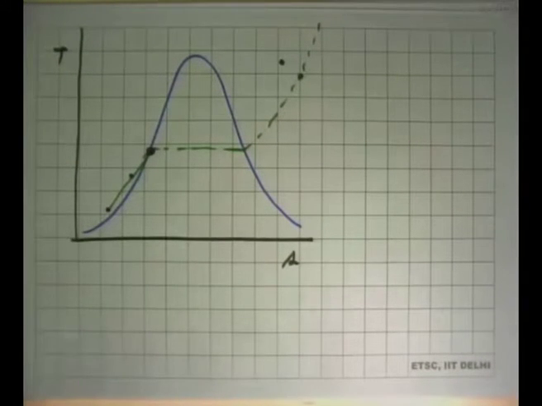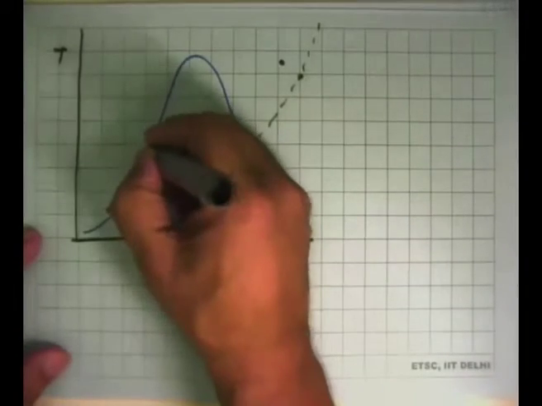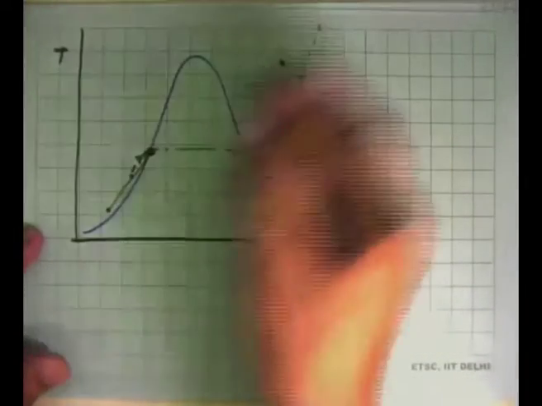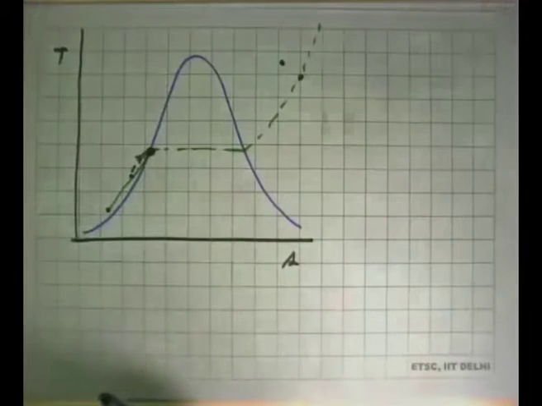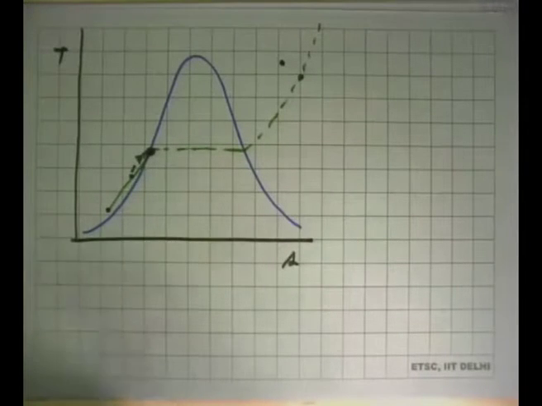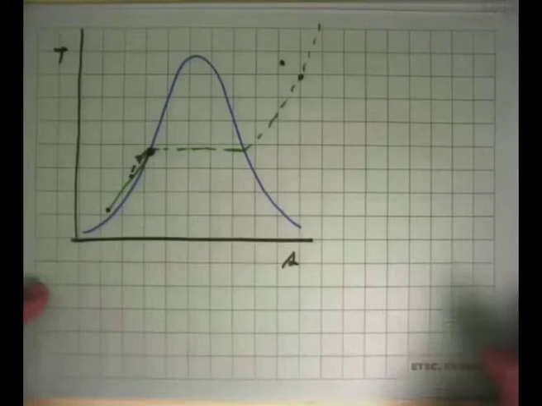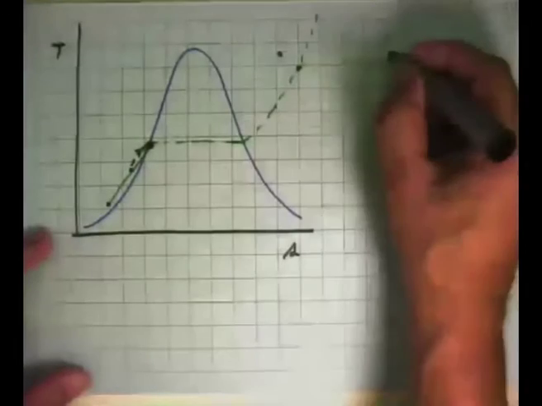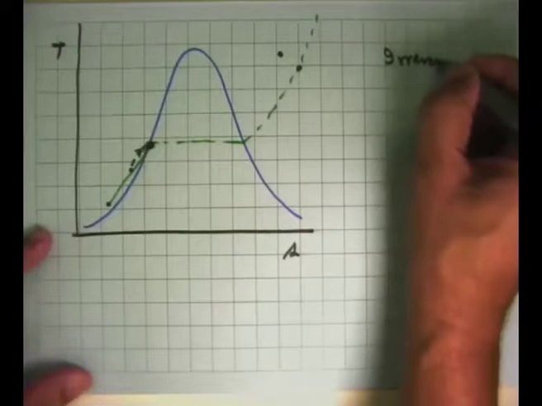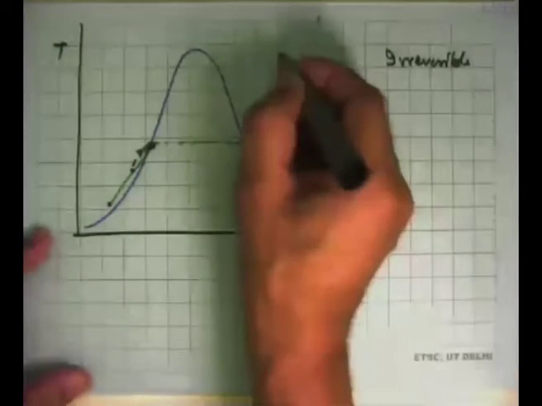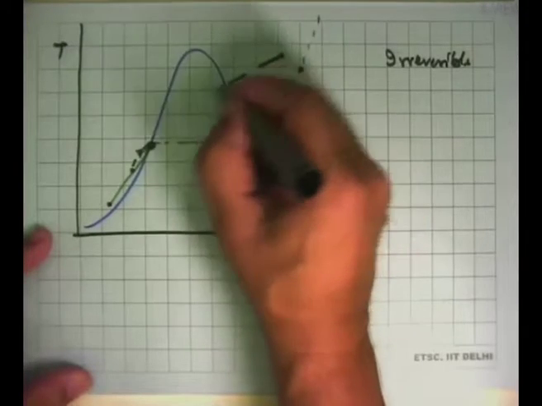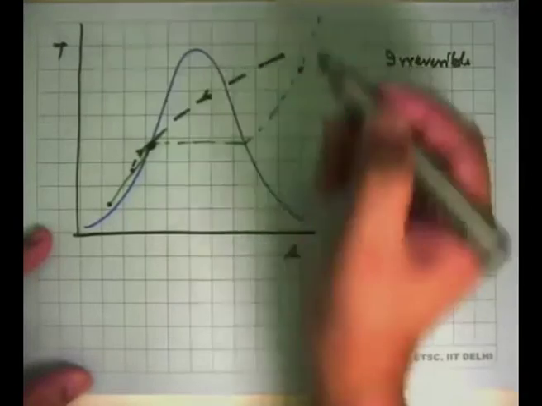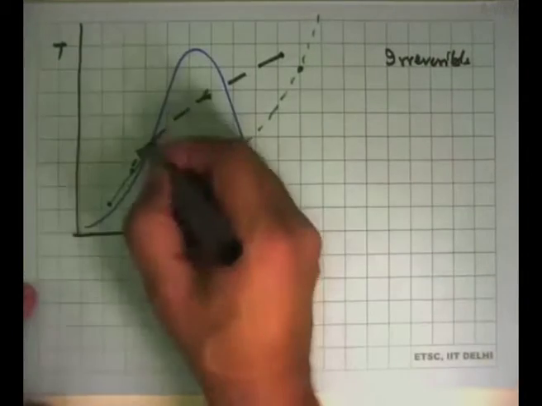So what is the process that these followed? Well, we cannot in any way get back the original states without putting in extra work or heat or both. So these are completely, hugely irreversible processes. And this one comes down to here, and they come up to this state.